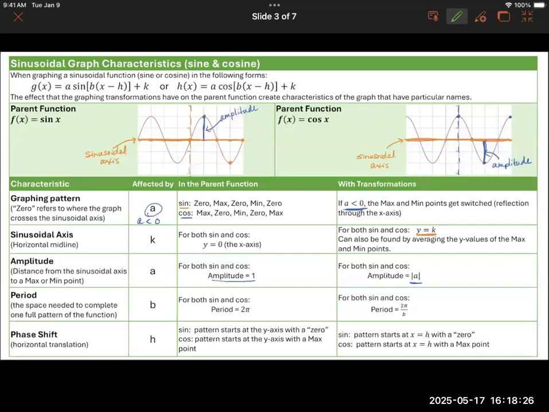So normally in our parent function, that amount of space that it takes to go through one full pattern is what we call the period. And it's 2 pi on a parent function. And that's true for both sine and cosine.